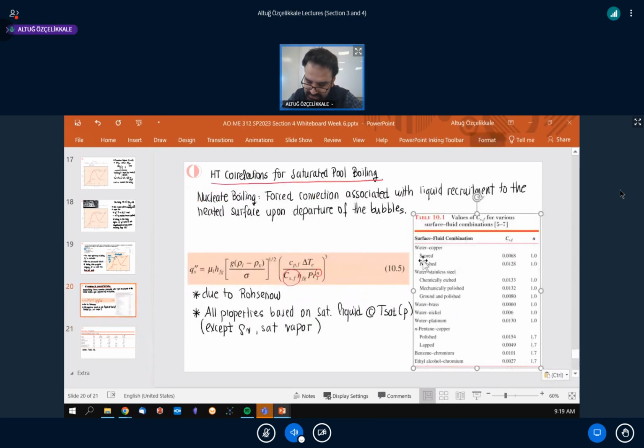these surface conditions. You can have polished or etched surfaces, different. Also, they depend on surface tension. So what kind of surface-fluid pair you have is also going to affect these parameters. But you can look them up from Table A.10.1.